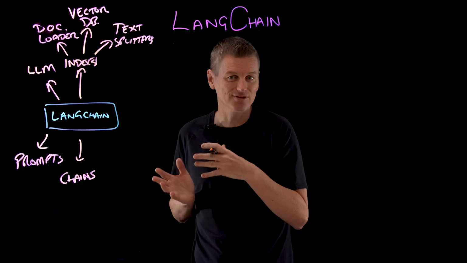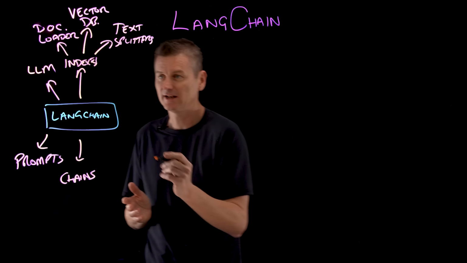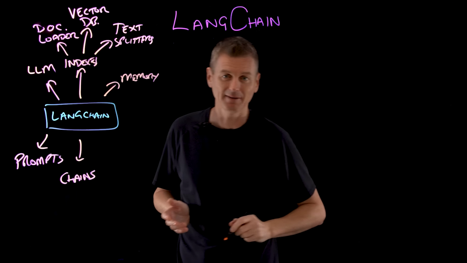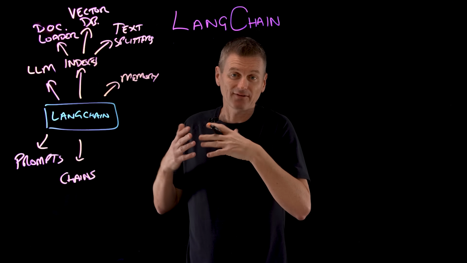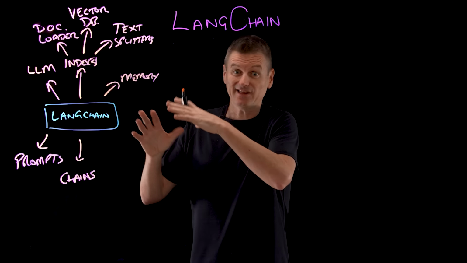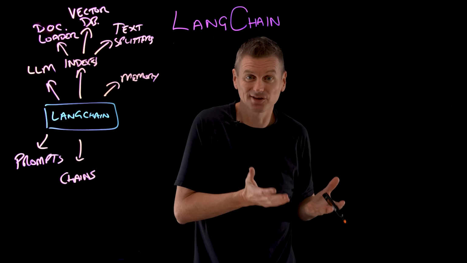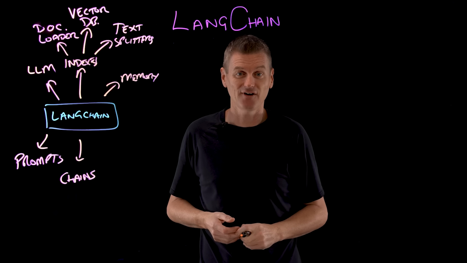But LangChain solves this problem with simple utilities for adding memory into your application. And you have options for retaining the entire conversation through to options to just retain a summarization of the conversation that we've had so far.